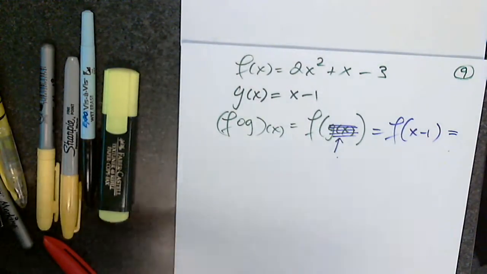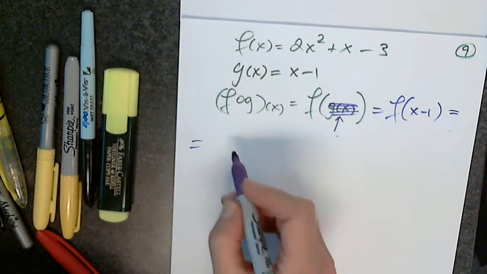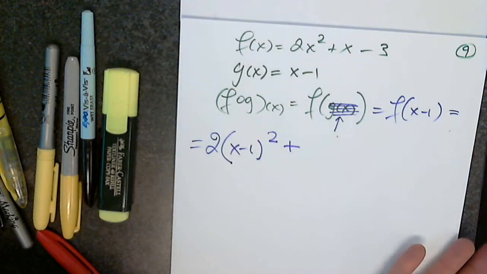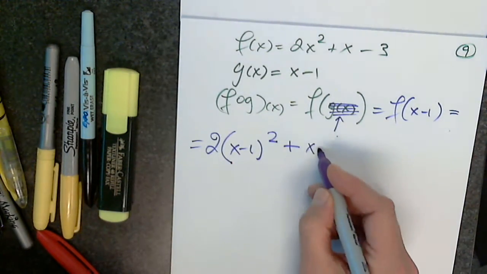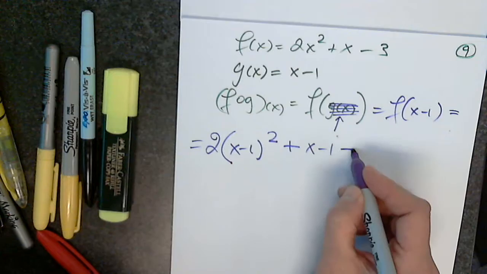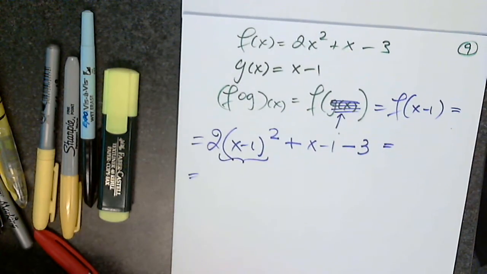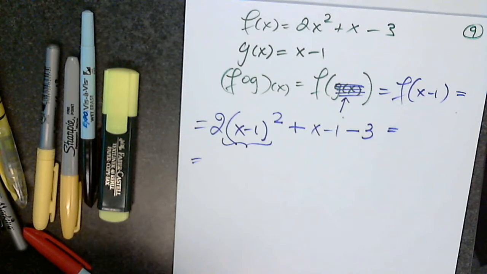Can anyone dictate? 2 and quantity x minus 1 squared, very good, plus, yes, with parentheses or not, minus 3. Now we made a contract on this 3 months ago. When you square x minus 1, you will get how many terms? Please do not say 2. I don't want to hear 2.